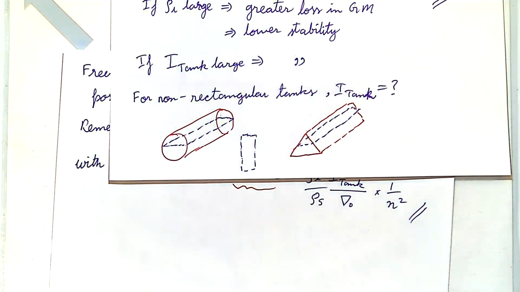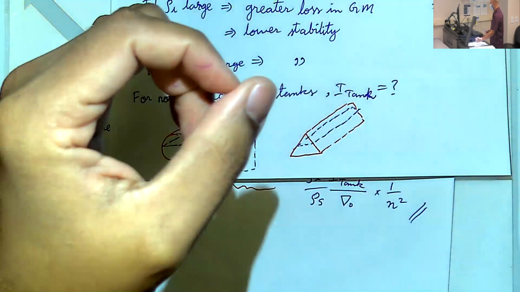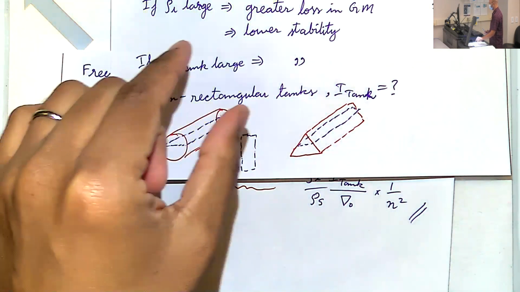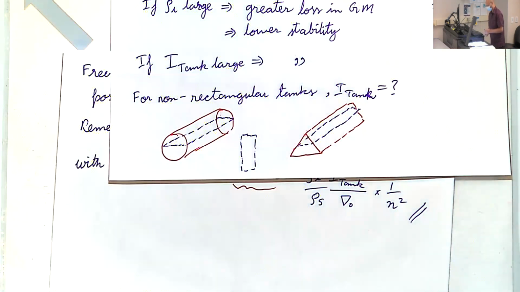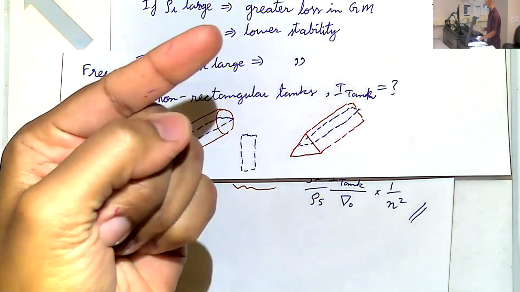Then it becomes more of a problem of, think about what you're doing. If you have this vertical tank in the ship and you place it somewhere, what does it do? Think about the weight distribution. Raises your center of gravity. Yeah, it raises your center of gravity up.